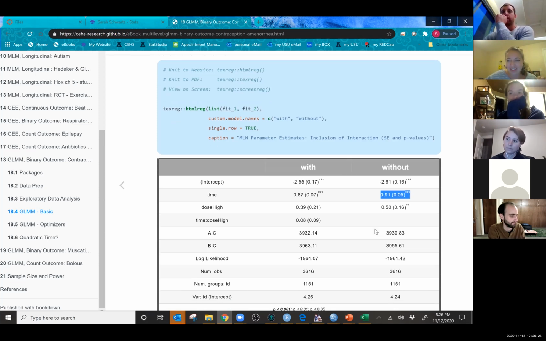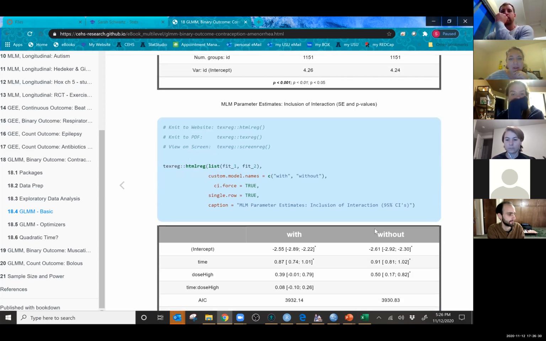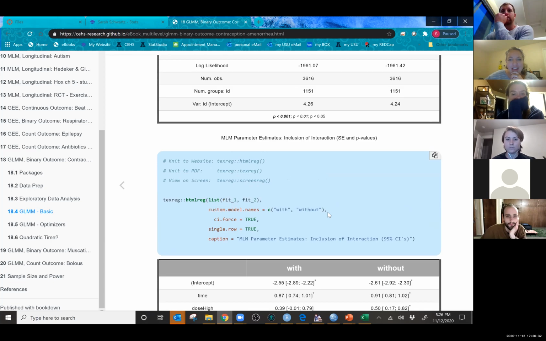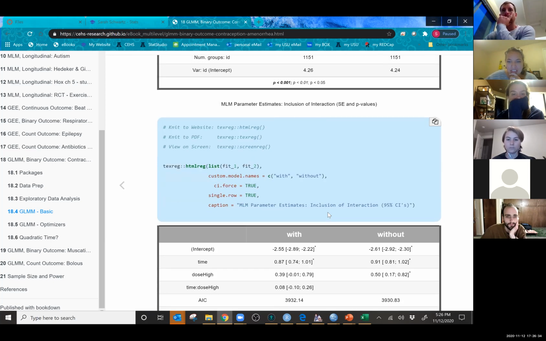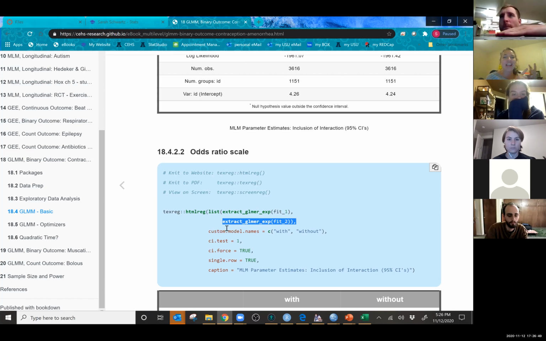Going back to logistic regression, what do we have to do to get them? We have to use the extractor function, which is right here. In the texreg helper function, there are three functions: extract GLM exponentiate, extract GEE exponentiate, and this one, extract GLMER.